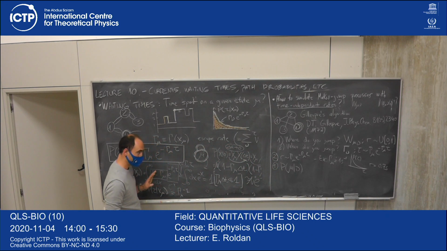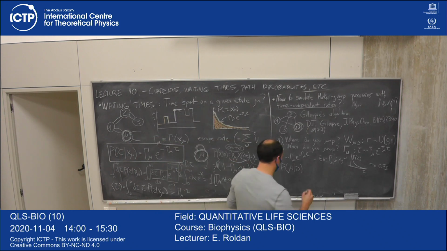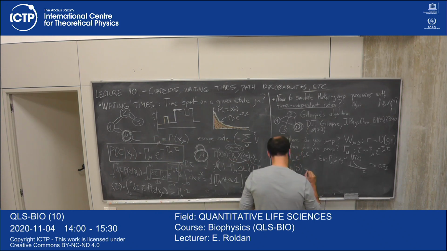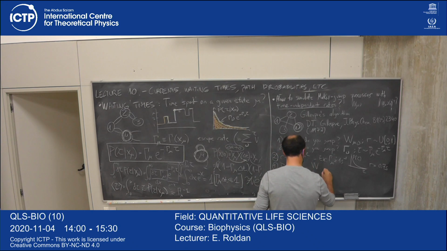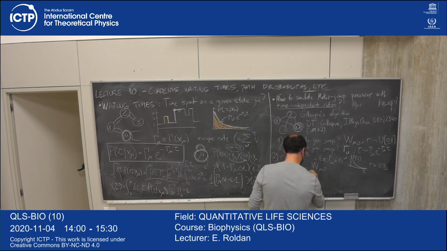Be careful. But with the rates, I can build the probabilities. And the way I do is as follows. This is W nu to mu. Be careful when I write this, I start from the right. Nu to mu divided by the sum over mu of W mu.